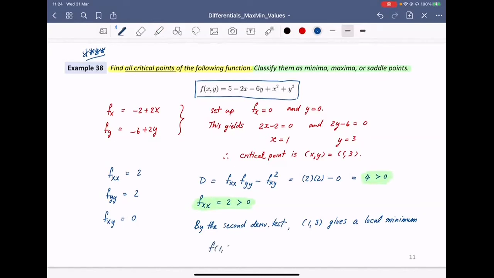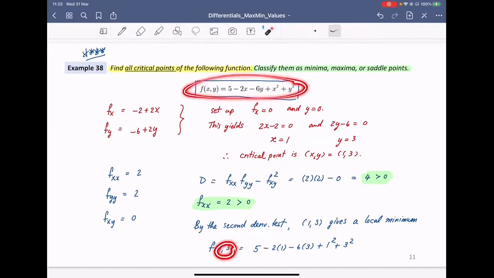One thing you have to be careful about is if you compute f(1, 3), this is what you get: 5 minus 2 times 1 minus 6 times 3 plus 1 squared plus 3 squared. I just plugged the point (1, 3) into the function. That gives 5 minus 2 minus 18 plus 1 plus 9, which is negative 5.